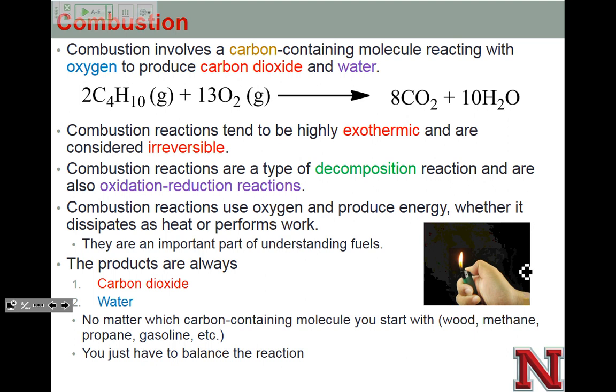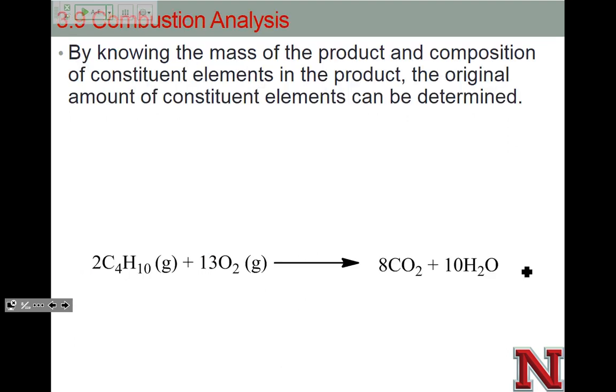We know we have 1 mole of carbon for every 1 mole of CO2. We also know we have 2 moles of hydrogen for every 1 mole of H2O. So this is where we're going to be utilizing this. We're going to go through an example. By knowing all this, we can determine how much carbon and how much hydrogen we have. If we can figure out the moles, we can figure out our formula.